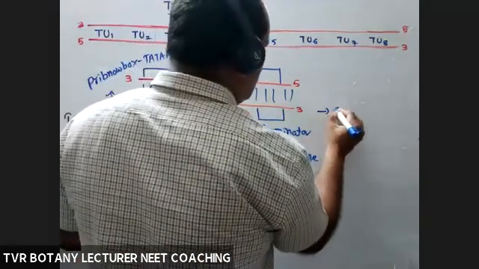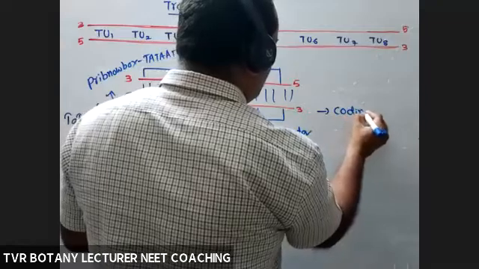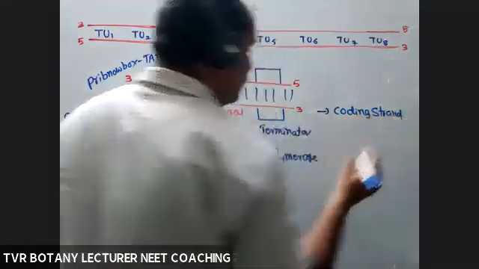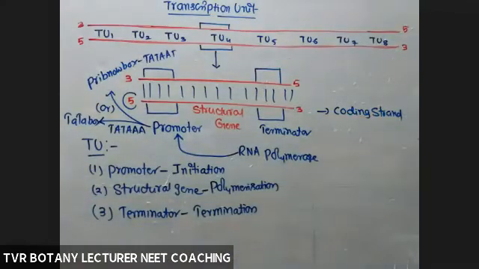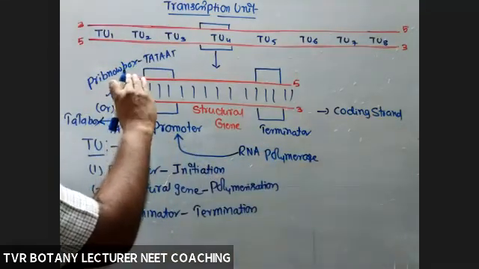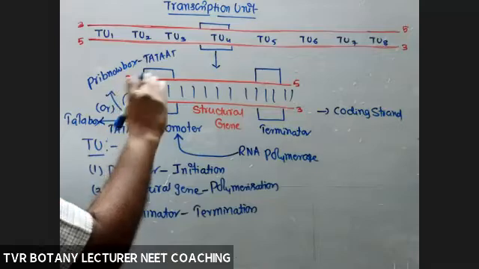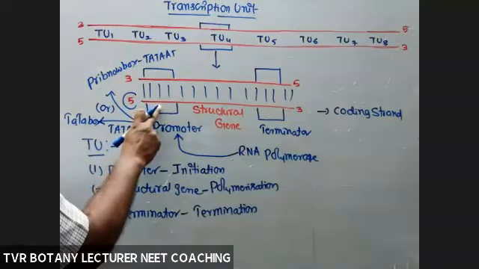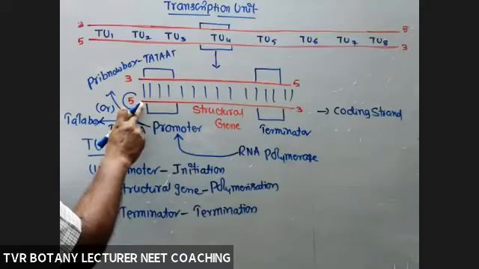So this one is a coding strand that does not code for transcription. Strangely, coding actually means that it codes, but here coding means that it does not code for transcription.